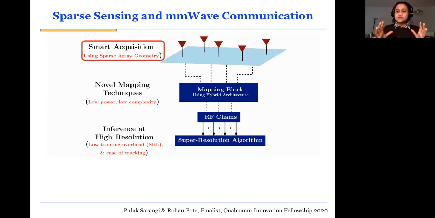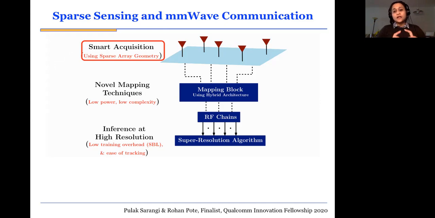So typically the information from all the antennas is combined through an analog beamforming circuit, and at its output you only use a few RF chains. This analog circuit acts like a dimension reduction operator, reducing the dimension from the antenna space to the beam space.